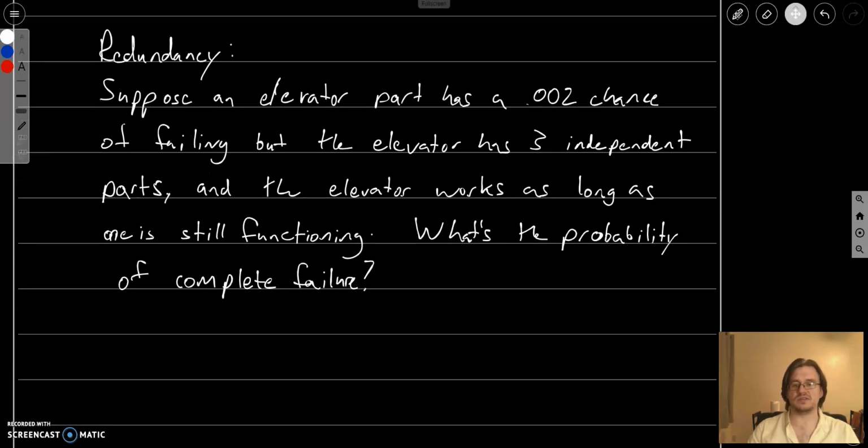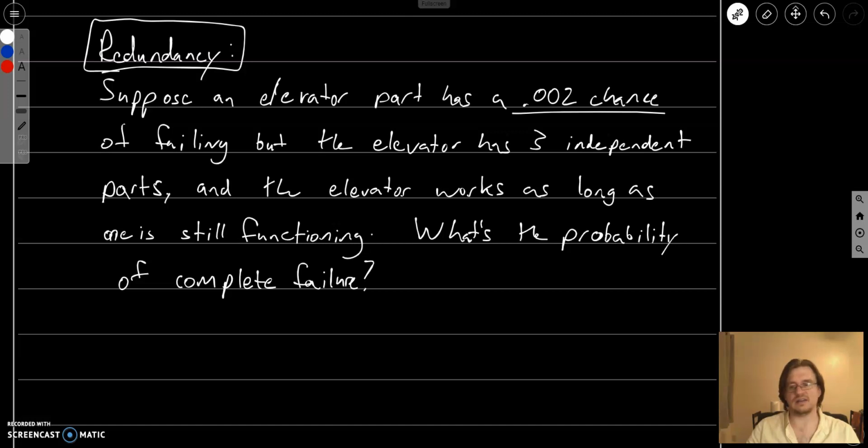One of the uses of independence is in redundancy. So there's an example in the textbook on planes, and I've sort of modified this for elevators. So let's suppose that there's a particular elevator part. Maybe it's like a hydraulic piece of equipment or some cables, and it has a probability of 0.002 of failing.